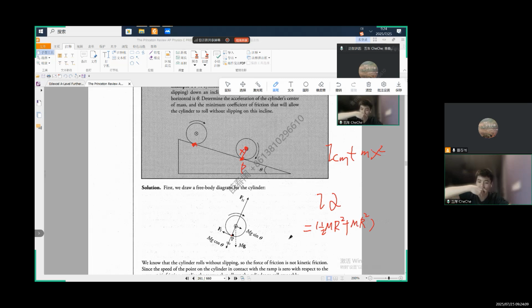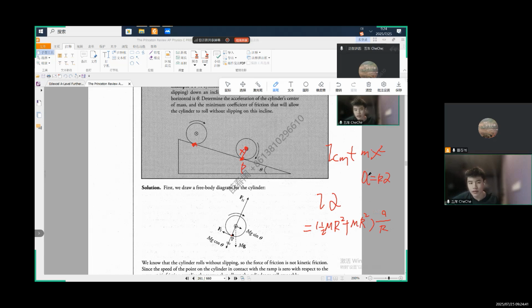And then times my alpha. The key here is to find what does he want? Linear acceleration. So I'm using linear acceleration more, so it's a over r, because a equals r alpha. Do you remember this?